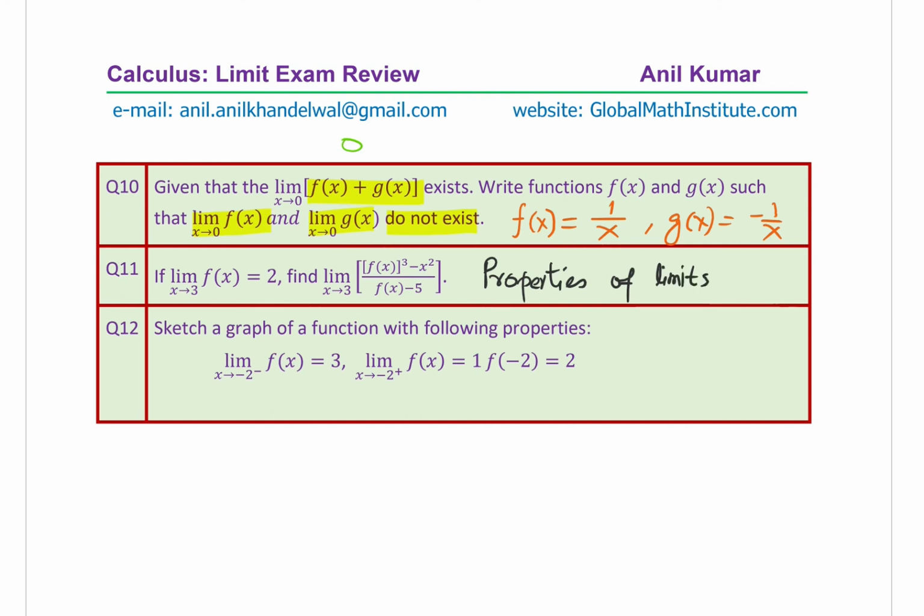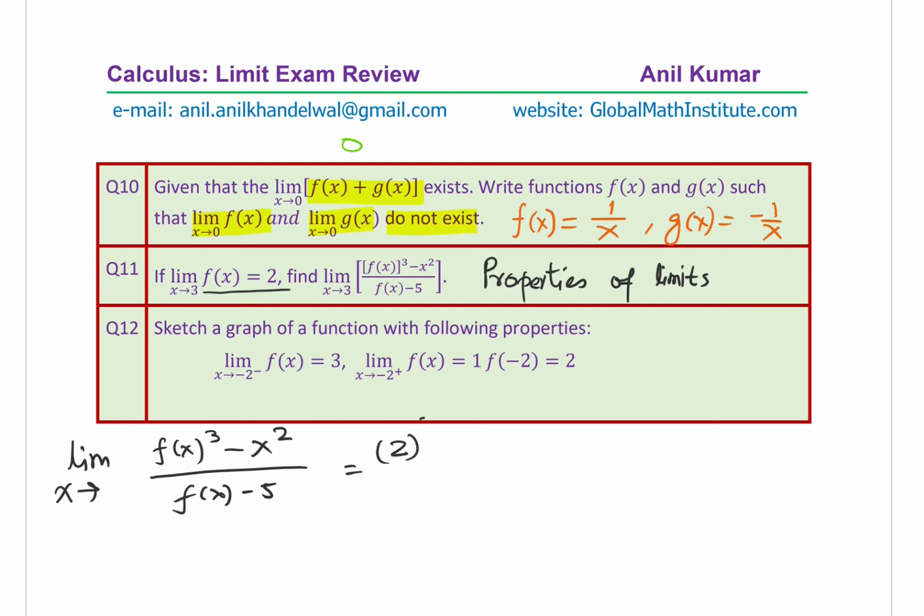So you can substitute the value. So we need to find the limit of this particular function when the limit of f of x is given to us, right? So this we have to cube and then we have to write x squared divided by f of x minus 5, correct? Now we know the limit of f of x when x approaches 3 is 2. So we'll replace this by 2.